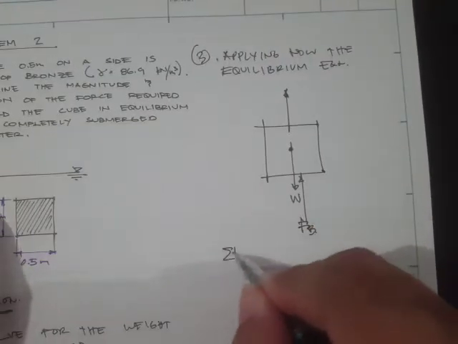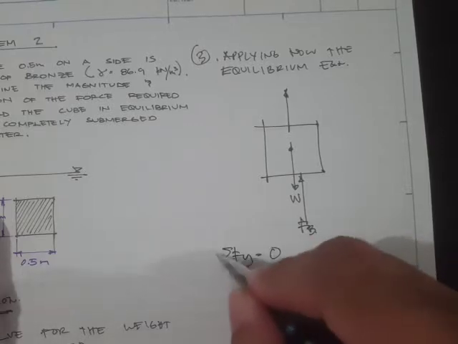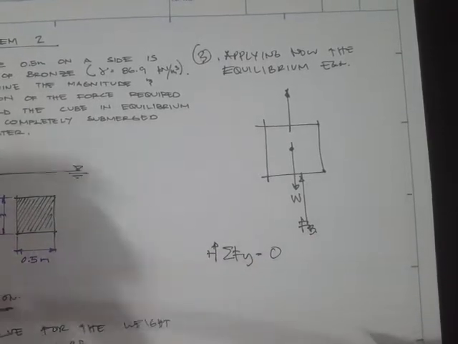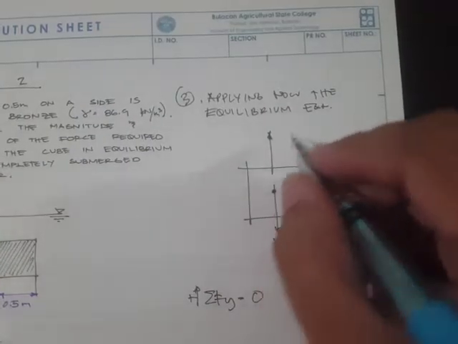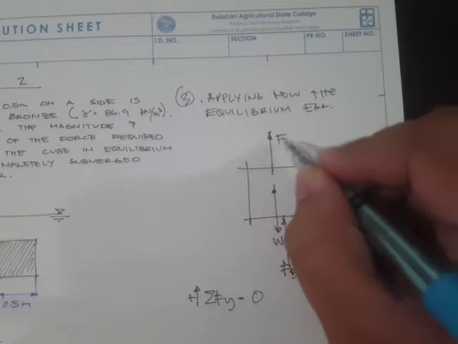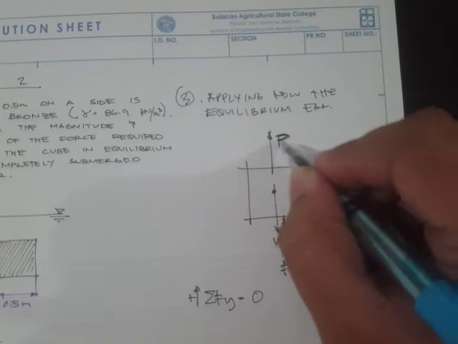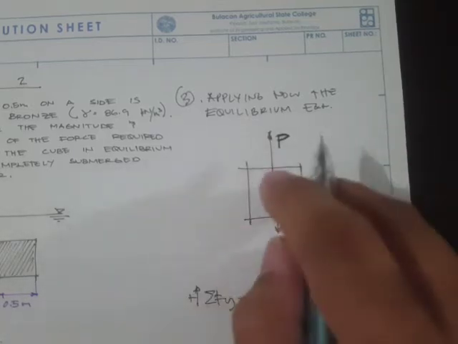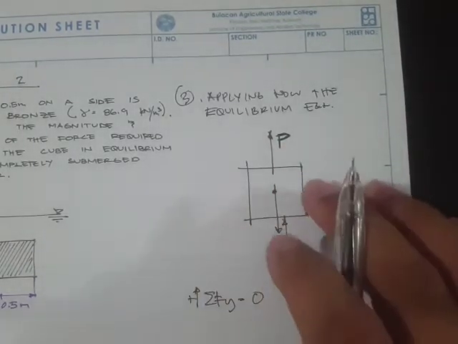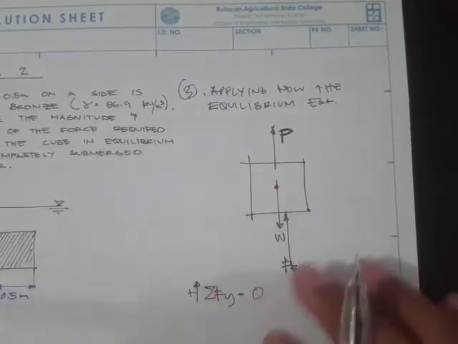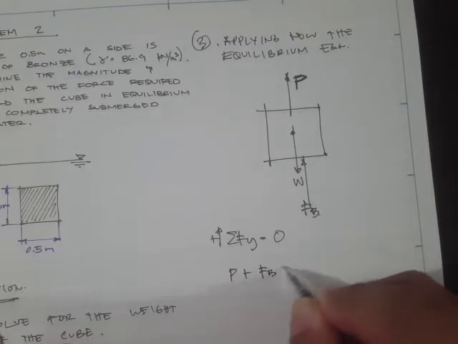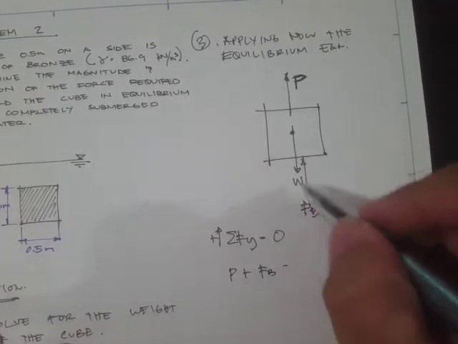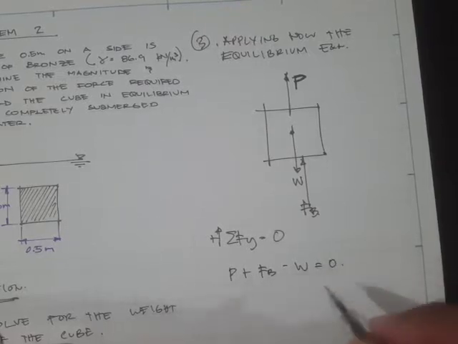Okay, so summation of forces in y is equal to 0, and let's assume that the upward direction is positive. By the way, we'll label this force P, the force required to hold this submerged body in equilibrium. So P plus F sub B minus the downward weight is equal to 0.